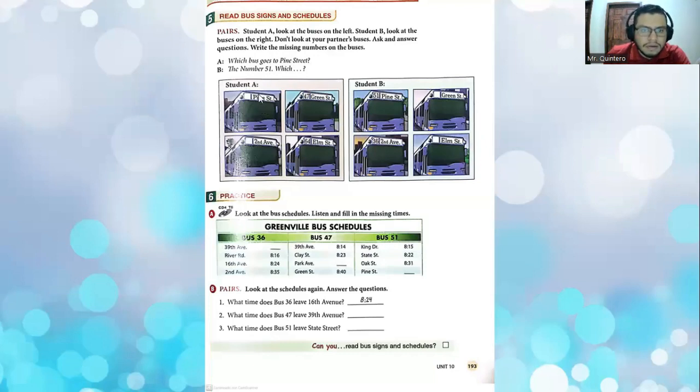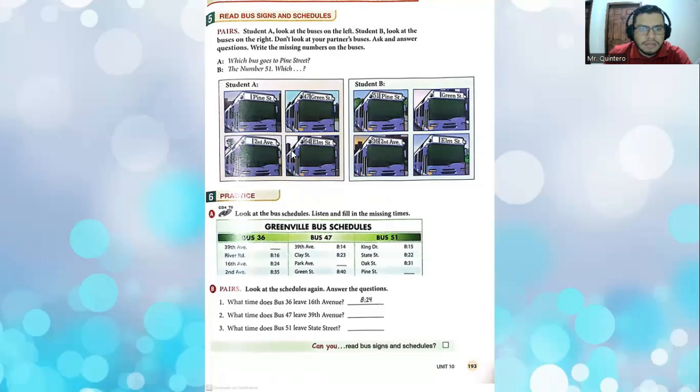Pine Street is the bus number 51. So you're gonna go using this question for the others. For example, which bus goes to Pine Street? Or which bus goes to Green Street?